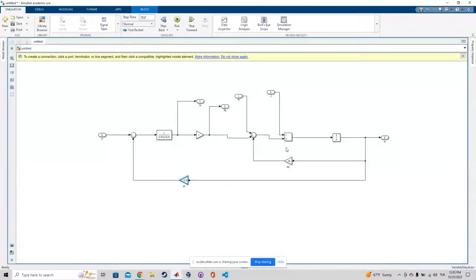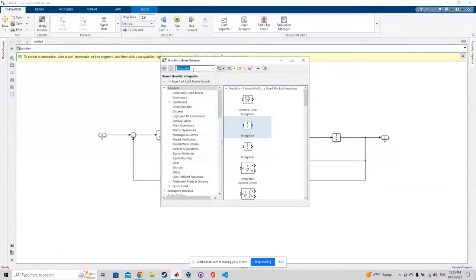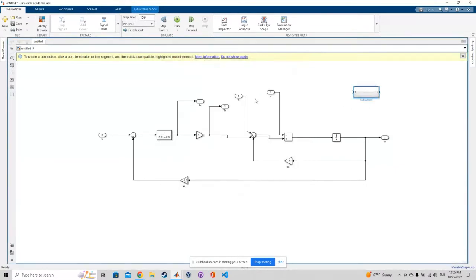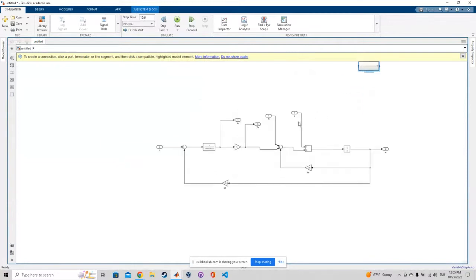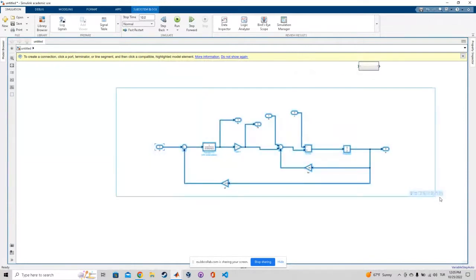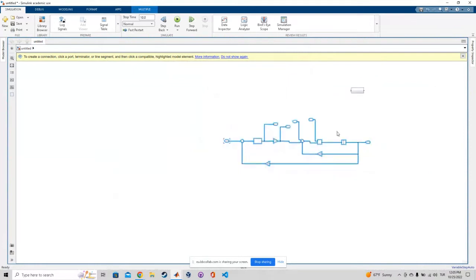So now we want to see our outputs in a scope. So from the library you get the subsystem here, all right? We have a subsystem block. So you just copy all your system, all right?